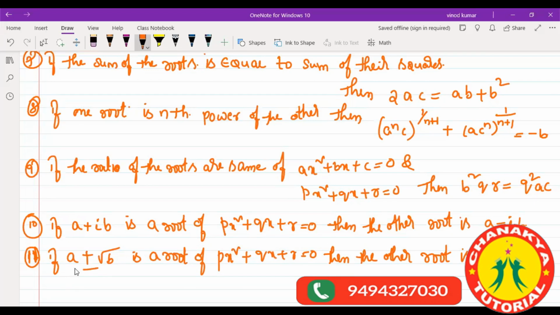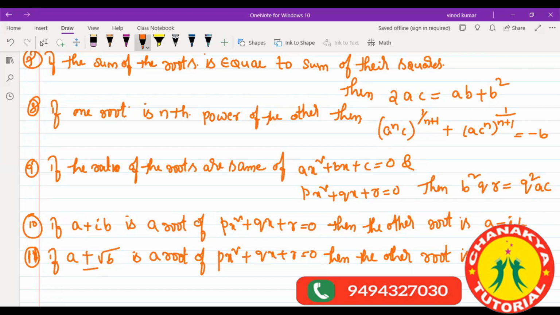Suppose a plus root b is one root, then a minus root b is another root. A minus root b one root, then a plus root b another root. Solved means some radical.